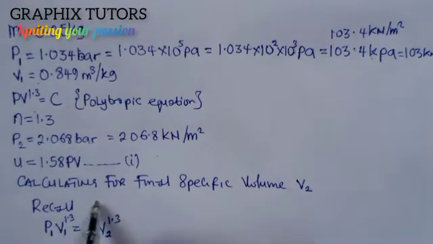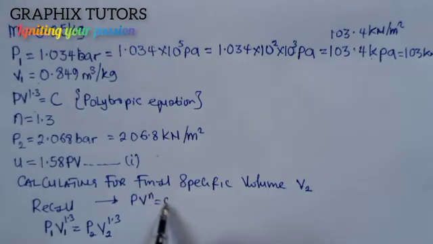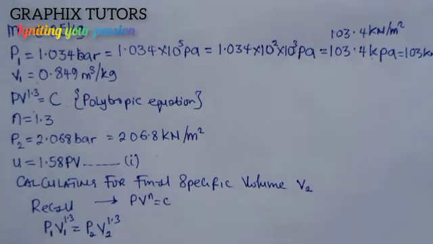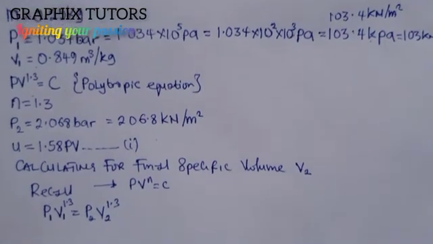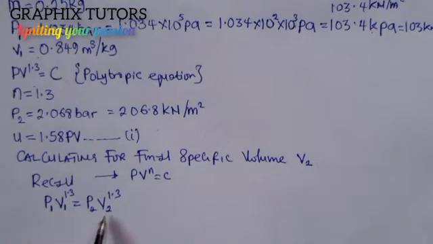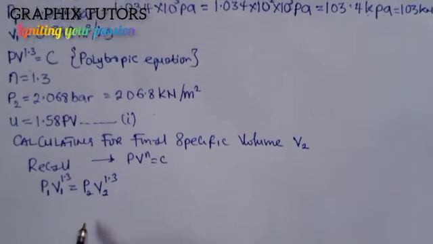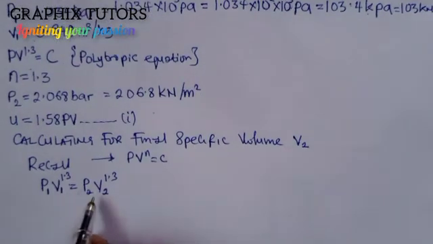So recall from PV^n equals C, that's how we brought out this. Now we move forward. If I take all the pressure to one side of the equal sign and the volume to the other side, first of all I'll divide both sides by P2.